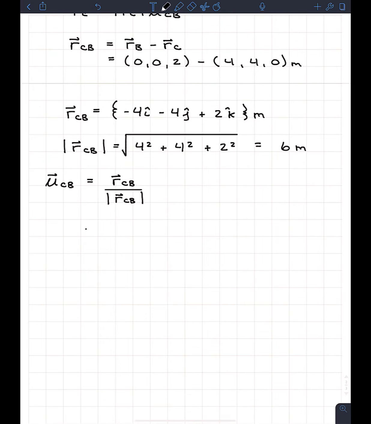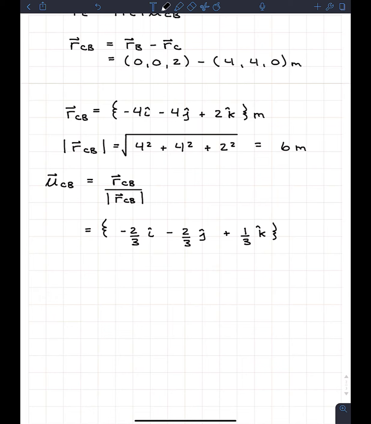The first one is -4 divided by 6, which is -2/3 of i. For the j component it's the same thing, minus 2/3 of j. For the k component we have a +2, so 2 divided by 6 is just 1/3, plus 1/3 in the k component.